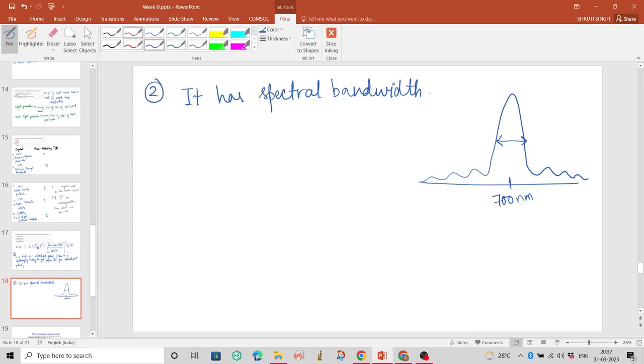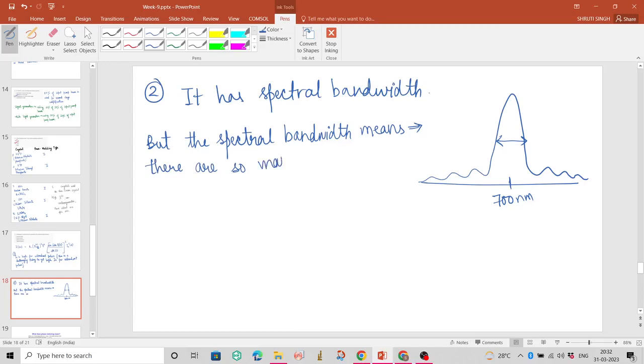But this spectral bandwidth means that there are so many wavelengths, and this implies that there are so many k vectors.